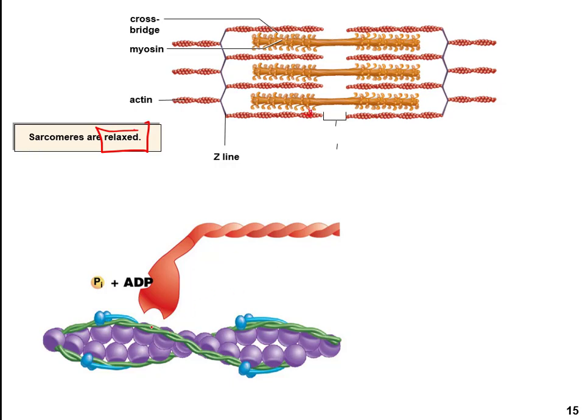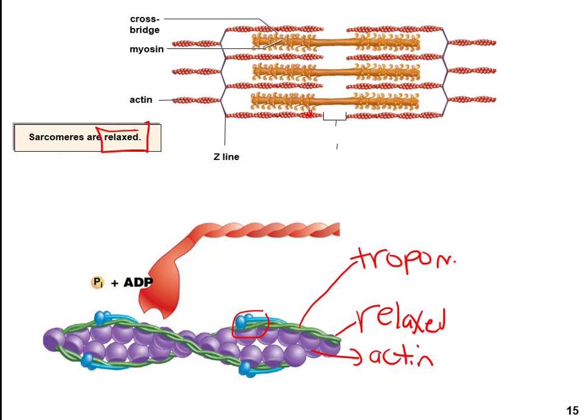And here's why. This purple is our actin filament. When actin is in a relaxed state, there's these little green and blue things wrapped around the actin. The green thread here is called tropomyosin. Tropomyosin is wrapped around the actin, and right now it's blocking the myosin from being able to bind.